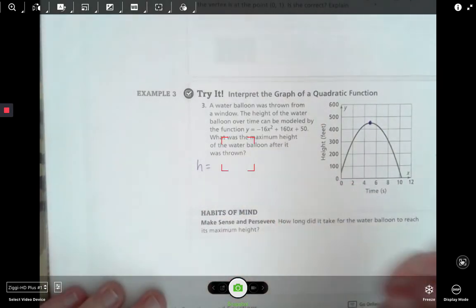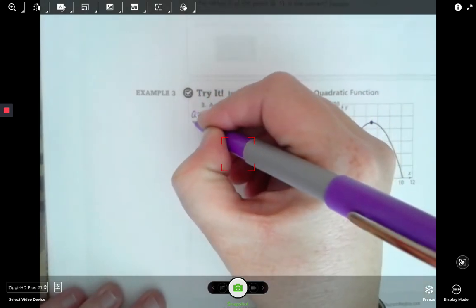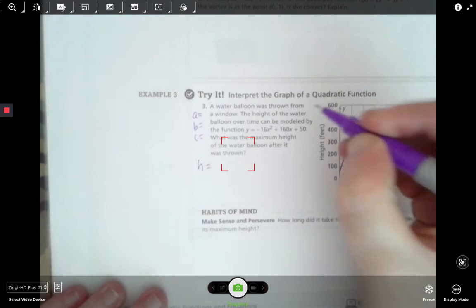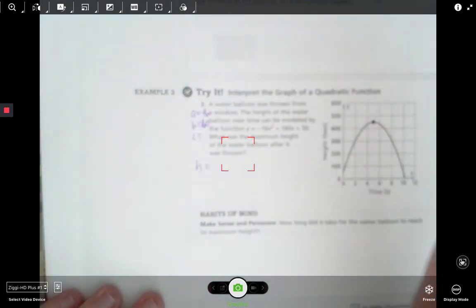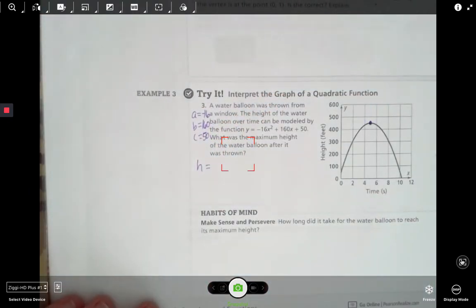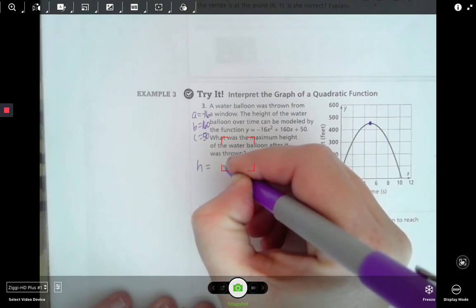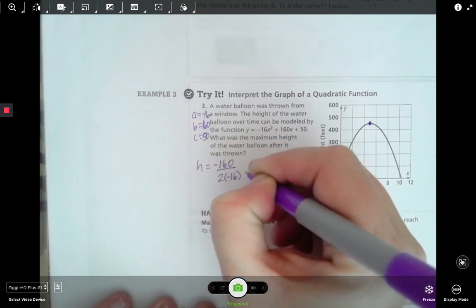So h equals, well, hold on, I'm going to come over here and write what a equals, b equals, c equals. So a equals negative 16, b equals 160, and c equals 50. So the opposite of b over 2 times a.